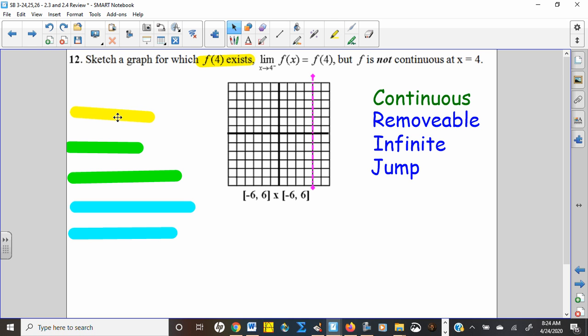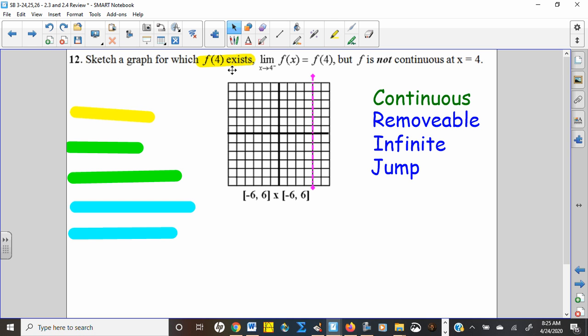Think about what that means regarding the four possibilities, because right now the four possibilities are that the function is continuous at 4, there's a removable discontinuity at 4, there's an infinite discontinuity at 4, or there's a jump discontinuity at 4. We're not going to give you the oscillating discontinuities.